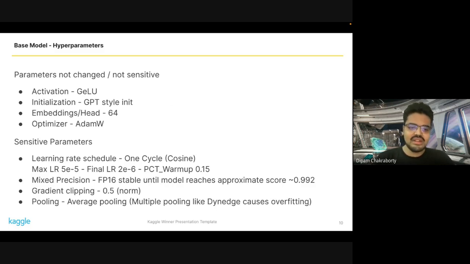I did tweak it a lot on the smaller models, and finally went with this one cycle, which is like cosine with warm up, and then finally annealing down to a very small value. And gradient clipping as well does seem to affect the stability towards the end of training.